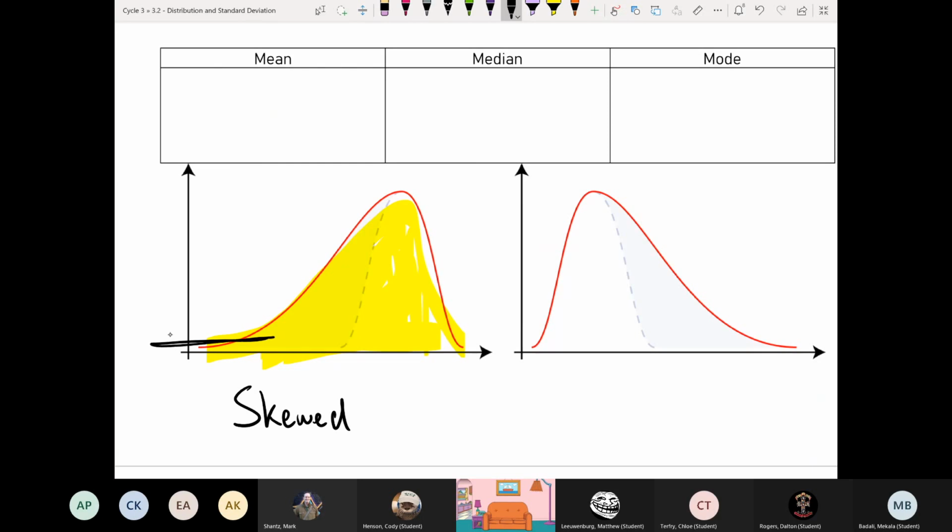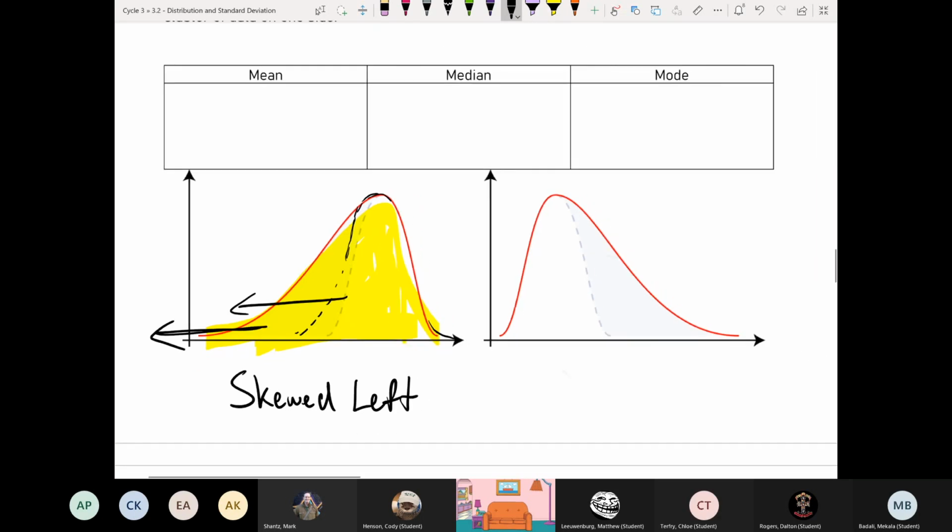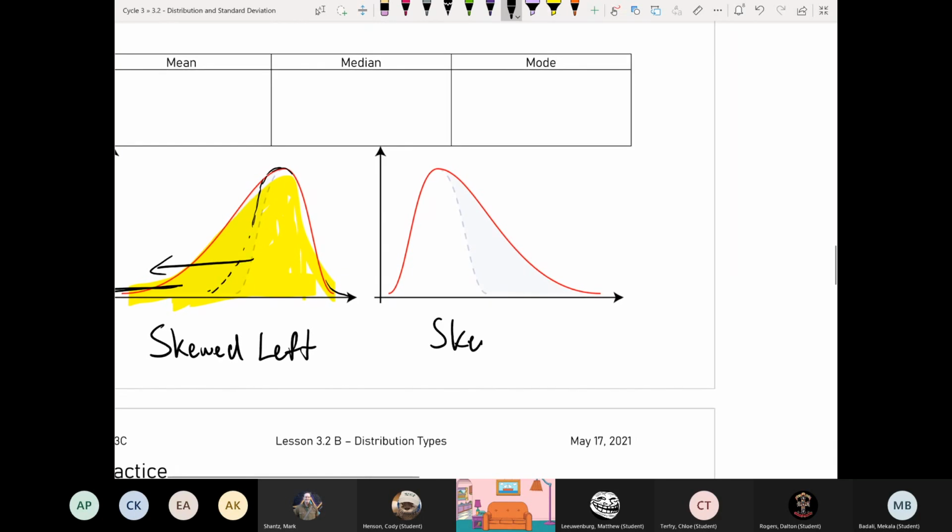Imagine someone is grabbing this and pulling it to the left. Even though the big lump is over to the right, it's actually skewed to the left because someone has basically grabbed it. The normal distribution would normally have been like this, like that, okay? But someone has basically pulled this line and pulled it to the left. So that's why it's skewed left. And then this one would be skewed to the right.